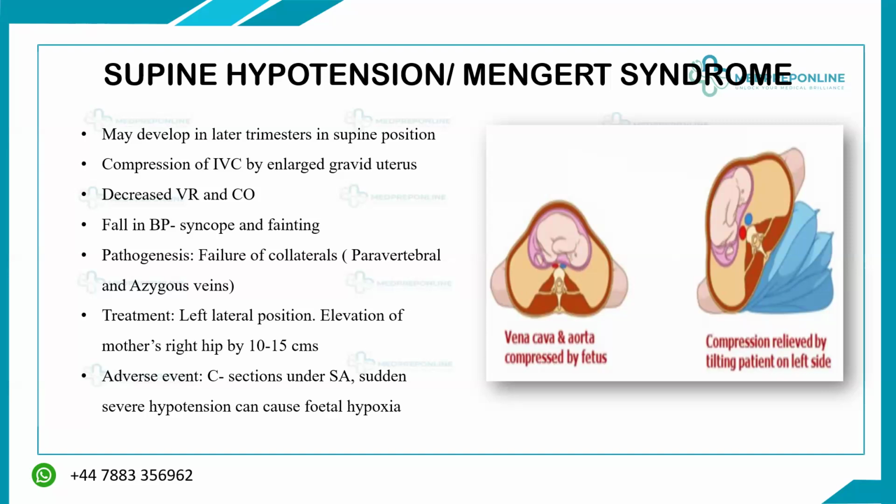During cesarean section, when the patient is in a supine position, especially under spinal anesthesia, as we know, spinal anesthesia in itself causes some degree of hypotension. So there can be sudden and severe hypotension, and this will be detrimental for the fetus, because ultimately it reduces the cardiac output of the mother, it reduces the blood going through the placental circulation to the fetus, and can impair fetal oxygenation.